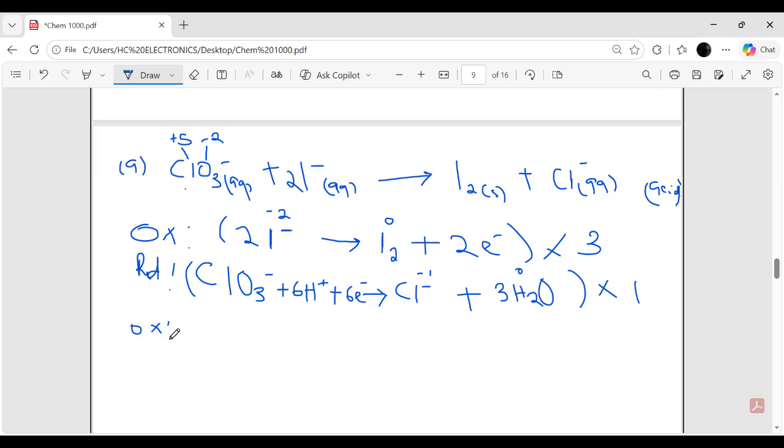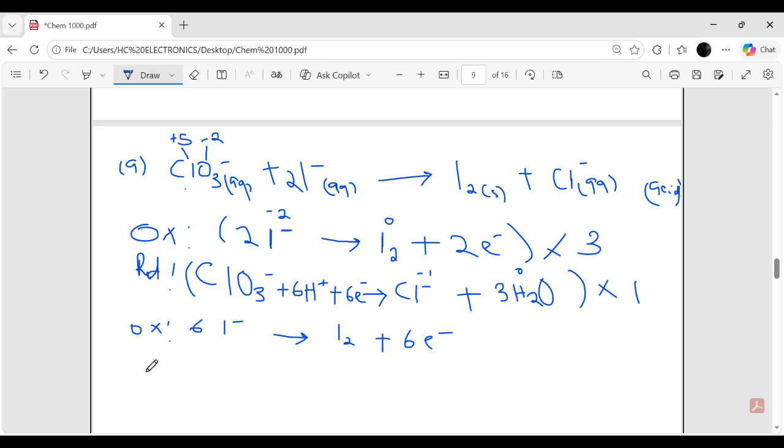When you do that, the oxidation reaction is going to be 6 iodate equal to 1 iodine plus 6 electrons.